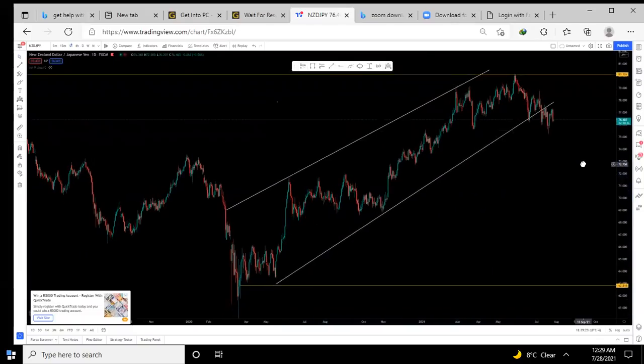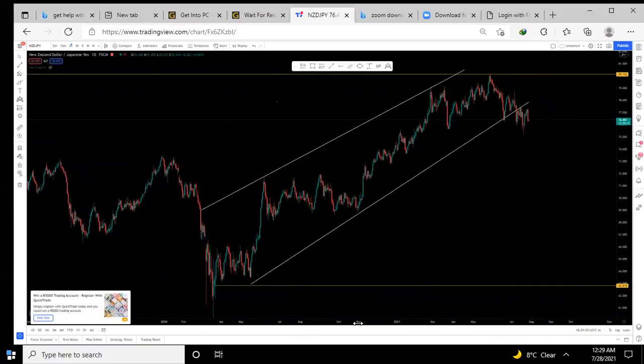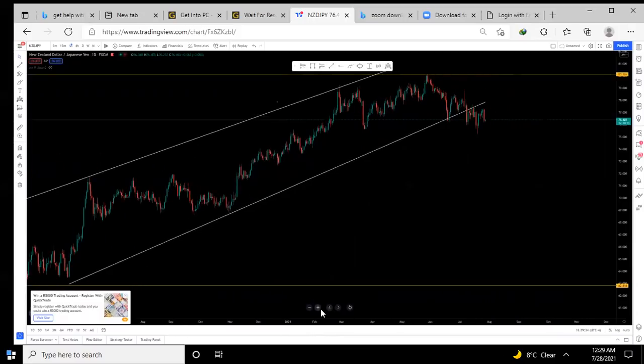So you see how it is now. So now it's like this. When it's like this, we can zoom in and check patterns within patterns.